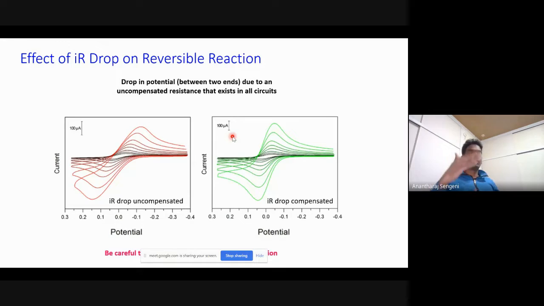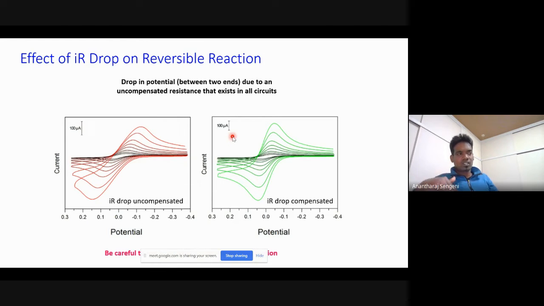Each heterojunction has its own potential difference, and where there is a potential difference, there is always a resistance. So all this resistance can add up together and contribute to a higher uncompensated resistance, including the solution resistance.